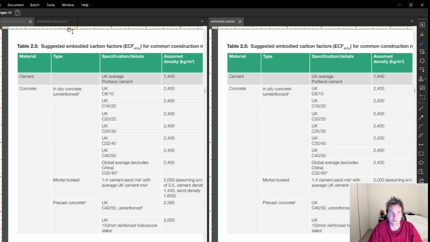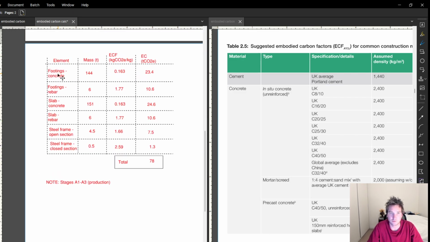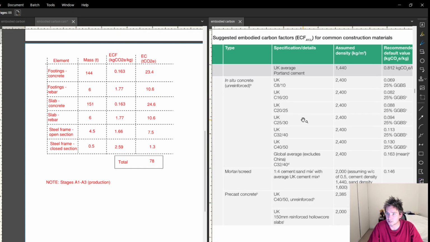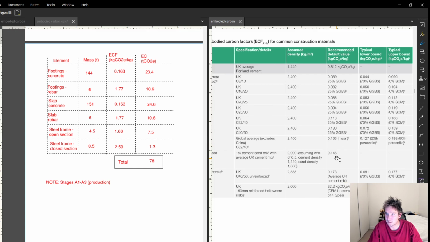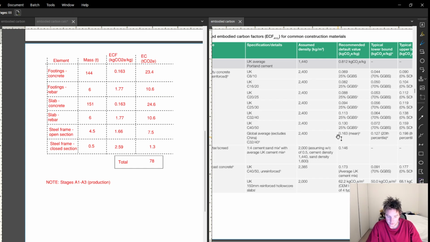If I split screen, we'll be able to see the footings, so the actual concrete. There's a 0.163, I grabbed that from this value here.